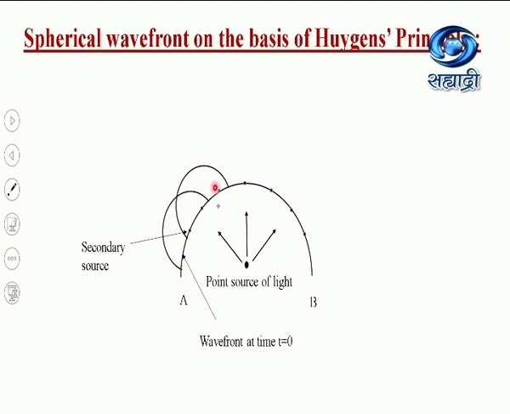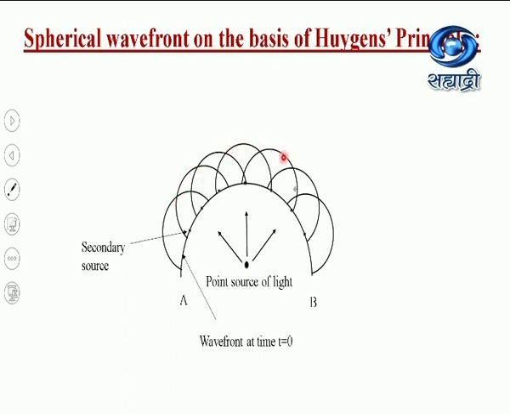Again, considering the third point as the center and the same radius Vt, we draw the spherical wavelet emitted by the third point source. Likewise, we draw the spherical wavelets emitted by all other secondary sources.